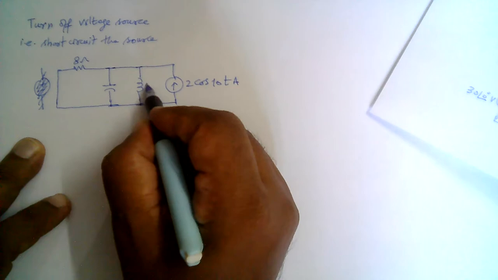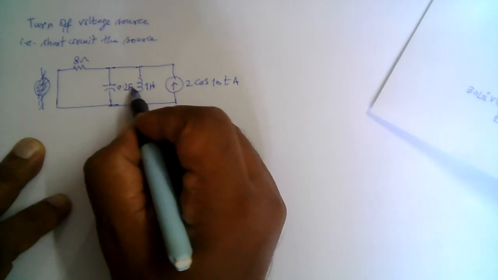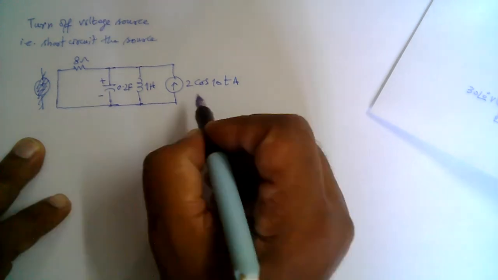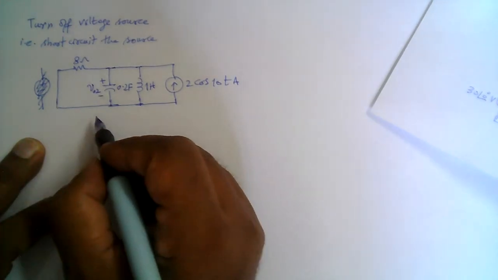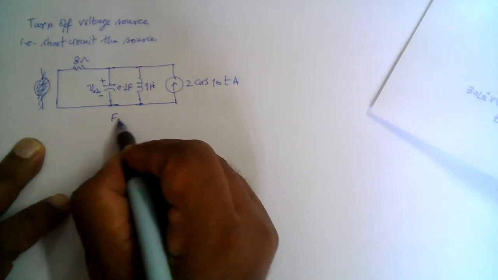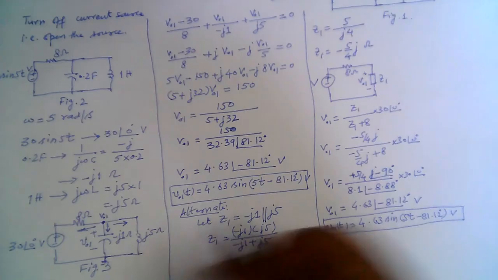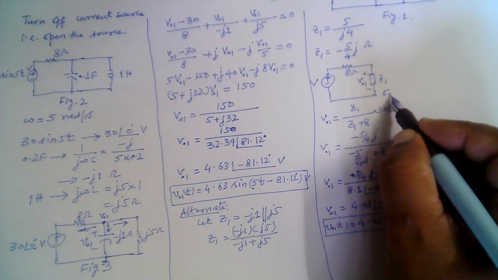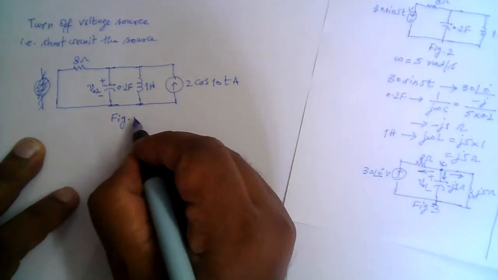This is 1 Henry, this is 0.2 farad, and let the voltage due to this current source be V02, right? And let's call this figure 4. This was figure 1, 2, 3, so this will be figure number 5.